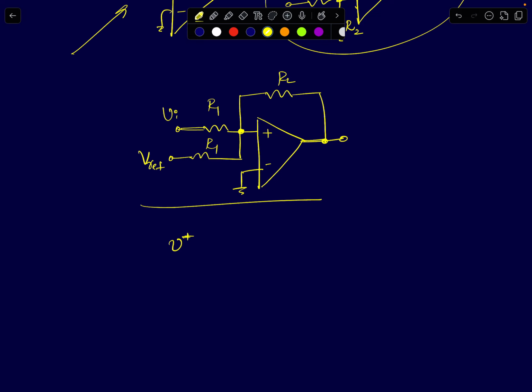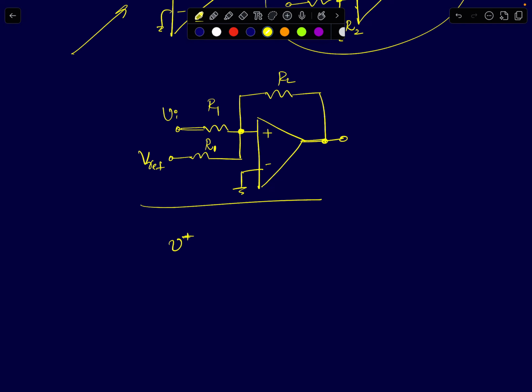But you can analyze it yourself, I'll leave that to you. All I'm trying to tell you is that I put the same resistance R1 here. I can have a different resistor value as well, or I can have R1. You can analyze this circuit and derive the values.